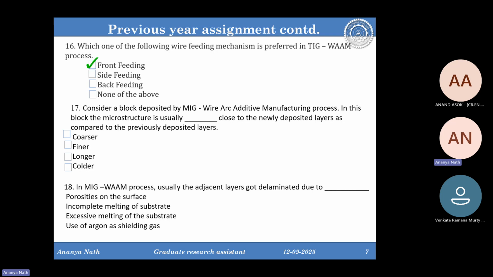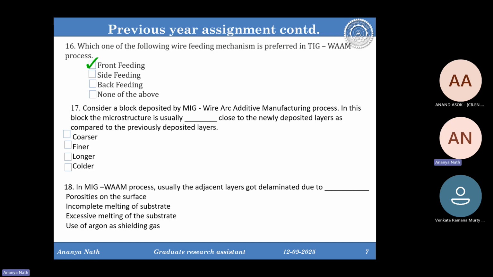Now consider a block deposited by MIG. In this block, the microstructure is usually finer closer to the newly deposited layer as compared to the previously deposited layer. Try.